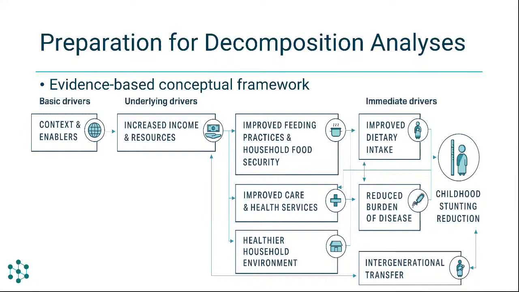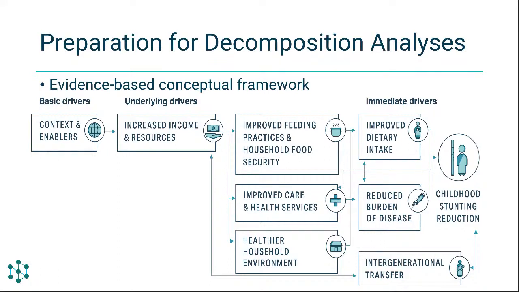And you may recognize this framework. This is the usual undernutrition framework that's been published in the Lancet and its predecessor, the UNICEF framework. So we've adapted it here for stunting. But essentially what we looked at were basic drivers, underlying drivers related to socioeconomic indicators, and then also how that influences more proximal underlying drivers such as household food insecurity and feeding practices, improved healthcare access, and then healthier household environment, and then how those influence immediate or proximal drivers such as dietary intake and disease burden.